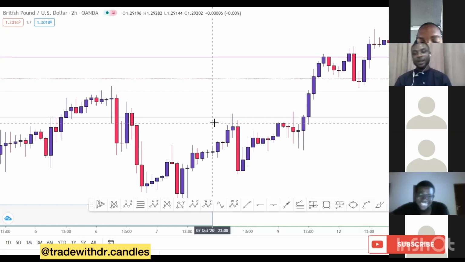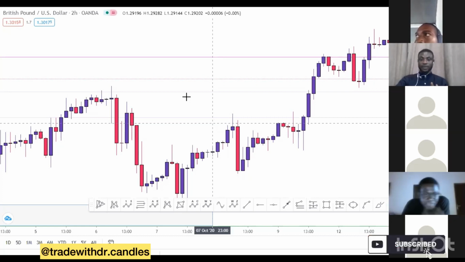One thing you should understand about this whole wick fill concept is that it is not a strategy, and you can't just use it alone to trade. You can't just depend on wick fill and be trading. It's a technique in beating the market. It's something you study in the market and you realize that, oh, this thing is working.